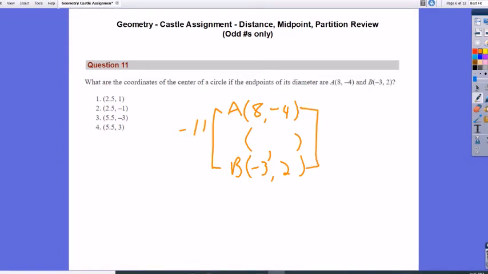That's up 6. So up 3 and, I'm sorry, down 5.5. So that would take this to 2.5. And negative 4 plus 3 is negative 1. So choice number 2.